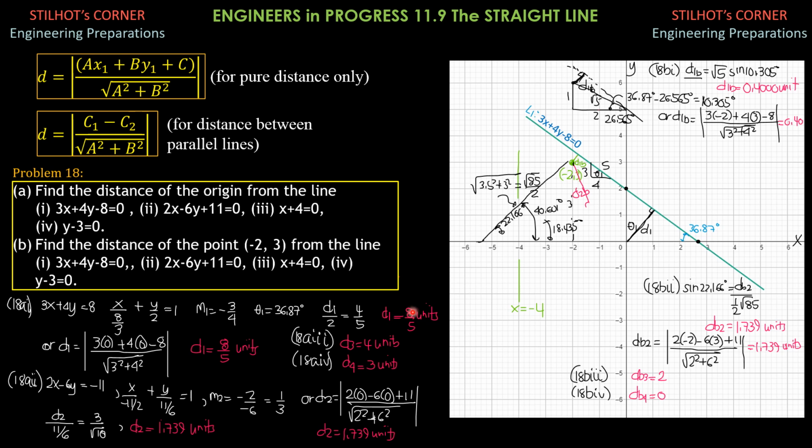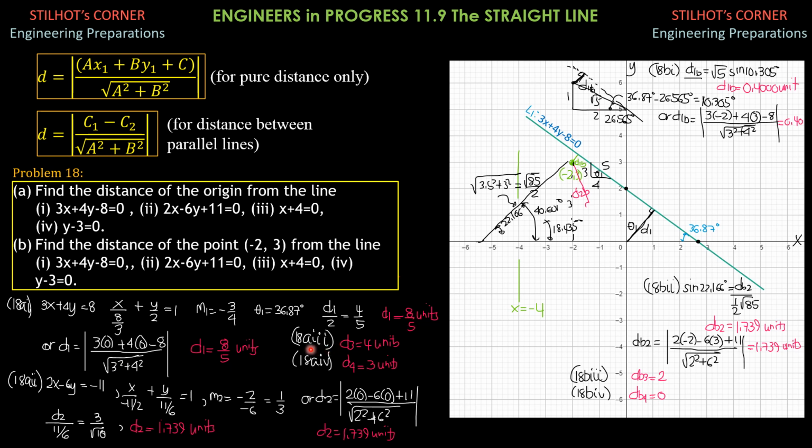That's why distance 1 is 8 over 5 units by just drawing the figure. Using the formula, distance 1 is the absolute value of 3 times 0 plus 4 times 0 minus 8 over the square root of 3 squared plus 4 squared. So the absolute value of negative 8 is 8 over 5. This is 5, so 8 over 5, which verifies that answer.